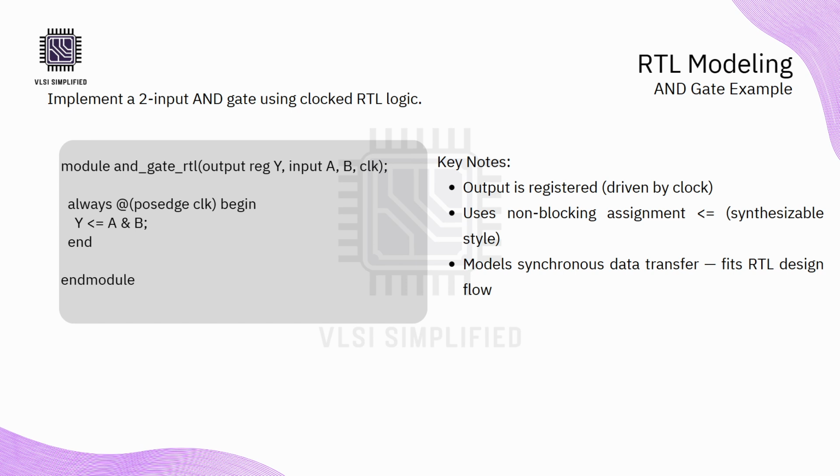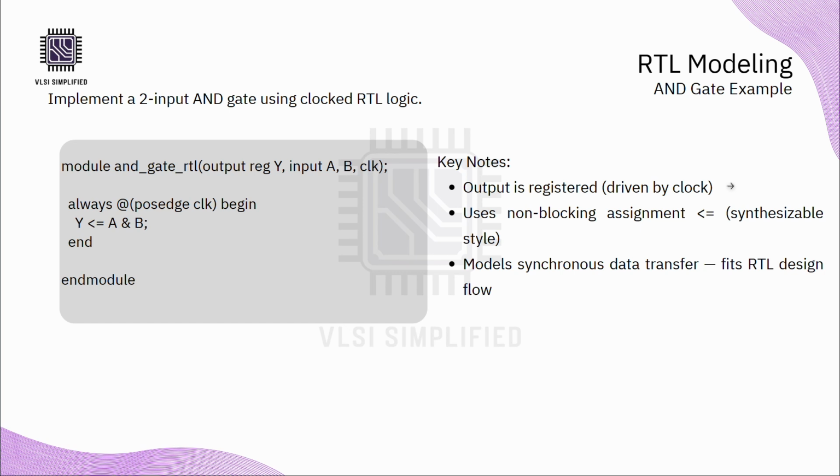Inside the block, we use the non-blocking assignment, that is, <=. This is the correct way to model sequential logic in Verilog. It ensures the logic behaves properly in simulation and synthesis. This means we are no longer just saying if A and B are 1, output Y should be 1.